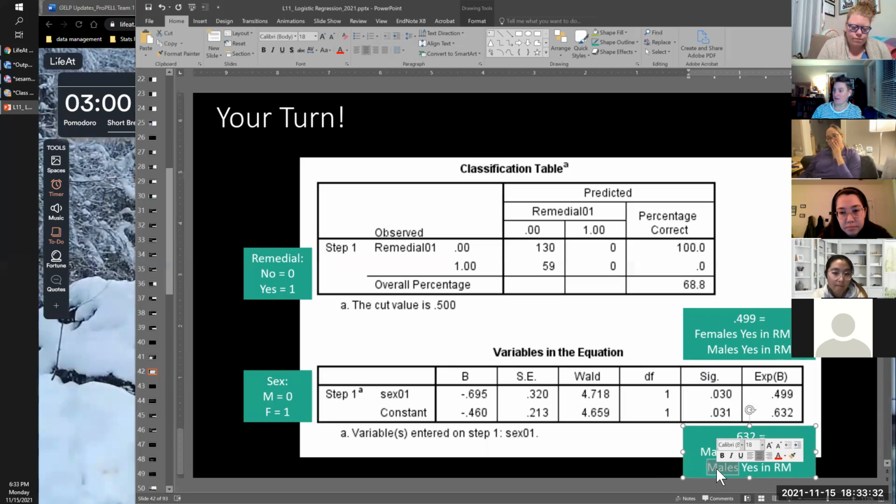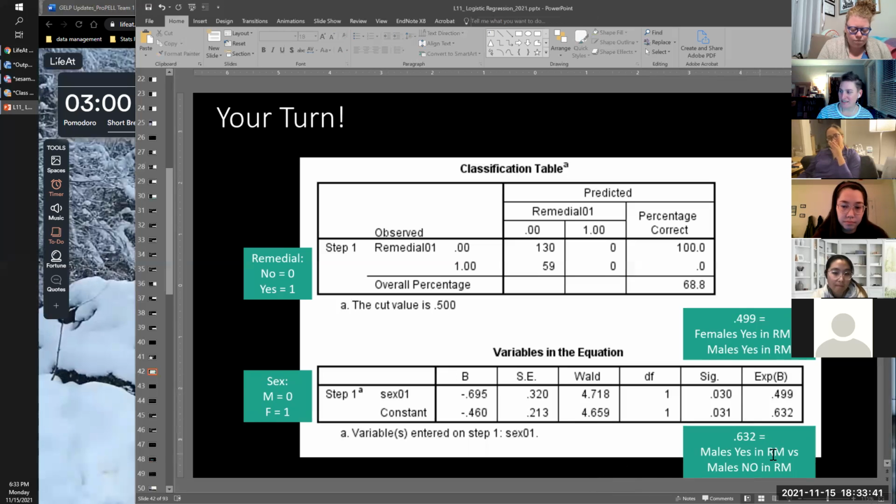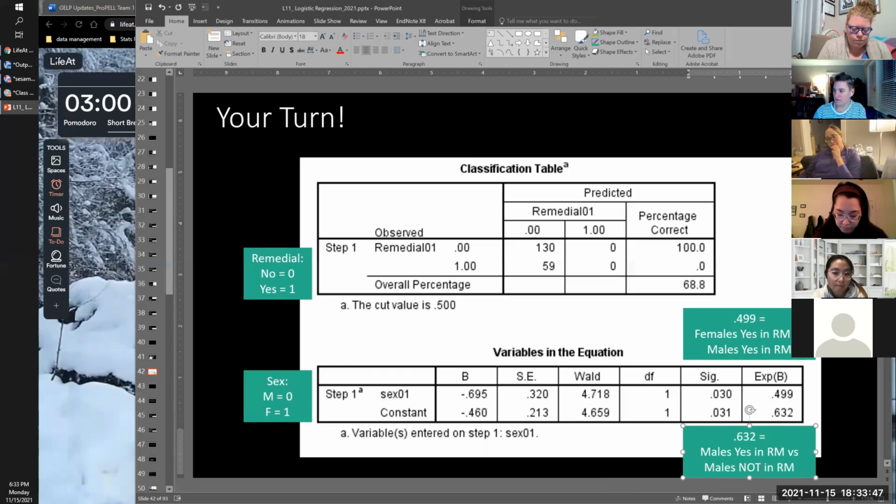Wait, so the first one's females versus males, and the second one is males. Males yes in remedial math versus males no, not in remedial math. Females yes in remedial math versus males yes in remedial math. So the constant is always for everything who's 0, because next one we're going to scale it up and add more predictors.